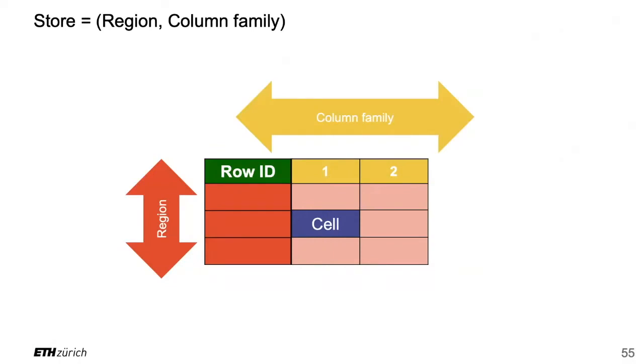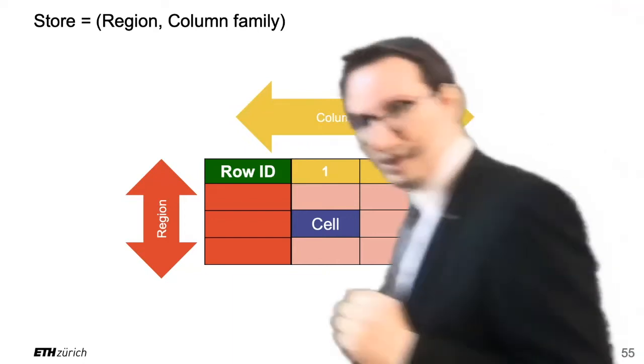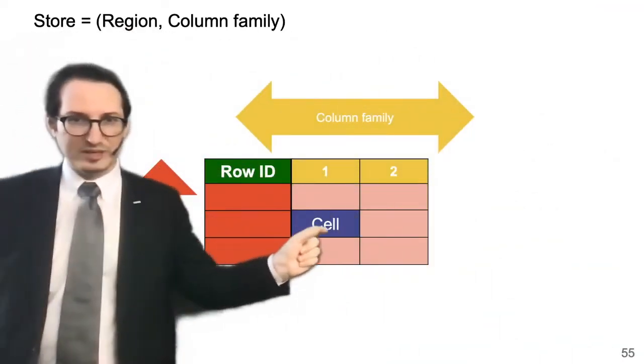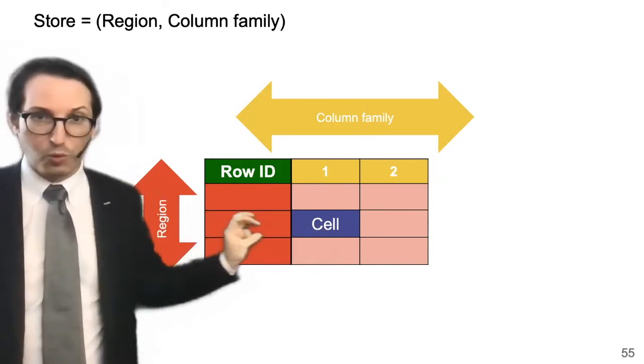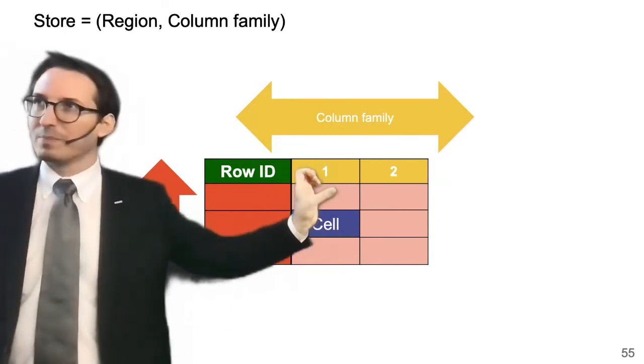Now, if I look inside a store, first, as a reminder, a store is one specific region, a continuous interval of row IDs, and it's only one column family. So there are no other column families than this one in a specific store. What is there within a store? Well, there are the cells, which are the individual values that are stored with HBase. So what is every cell? It's basically the intersection of a row ID and a column name, right?